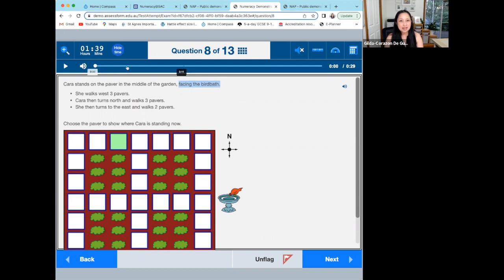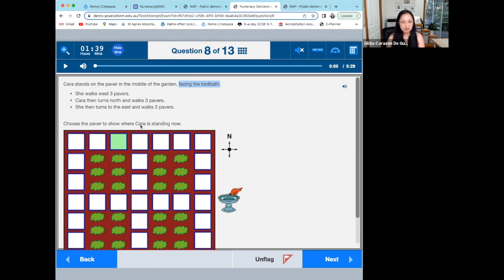Sometimes in the problem, they actually give you more information than what you actually need. Okay. Because when I was trying this question for the first time, it says facing the bird bath and she walks west. So I was thinking maybe her west. So I go 1, 2, 3, right? And then she turns north and walks 3 pavers. And now she's facing that way.